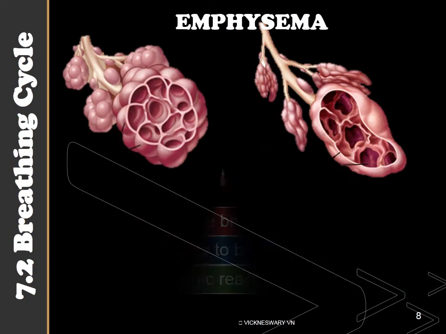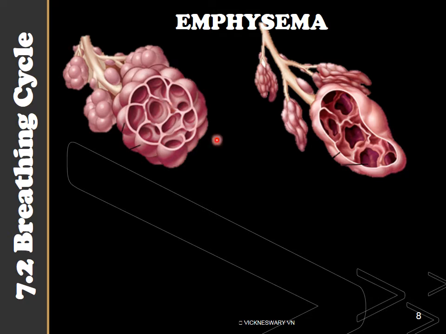Next we see emphysema. This is a diagram of a healthy alveolus. But this is an alveoli of a patient who is suffering from emphysema. So you can see that it is having a smaller surface area because it is more narrow, and the structure of the alveolus is damaged.